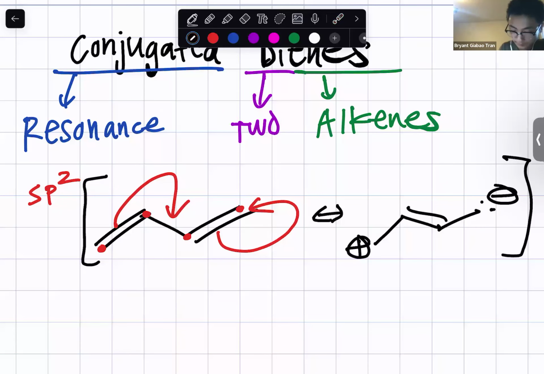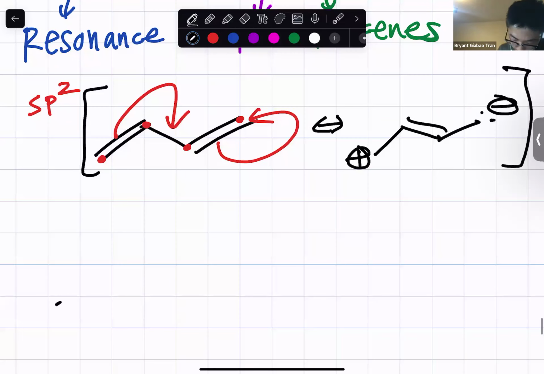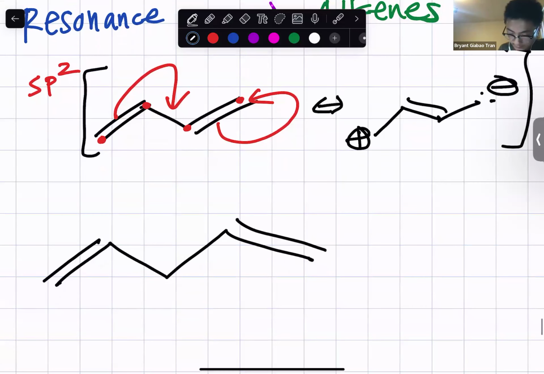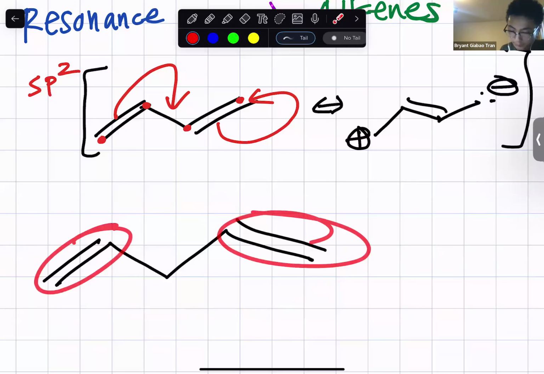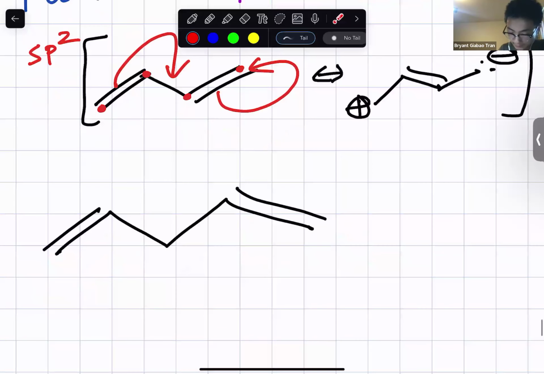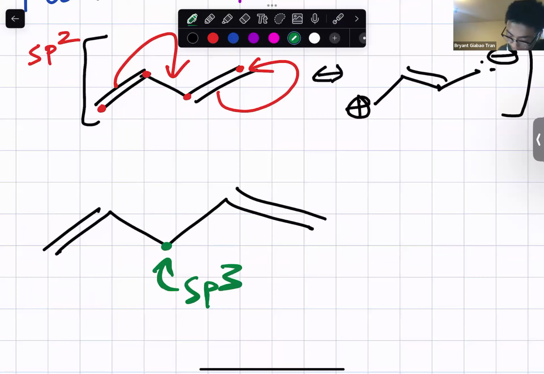Conjugated diene. You could have a diene that is not conjugated. So this is a diene because there are two alkenes, but it is not conjugated because of this sp3 roadblock, blocking resonance, too far away.